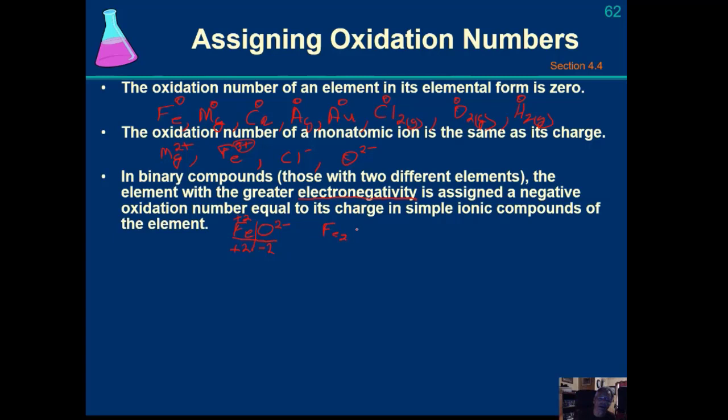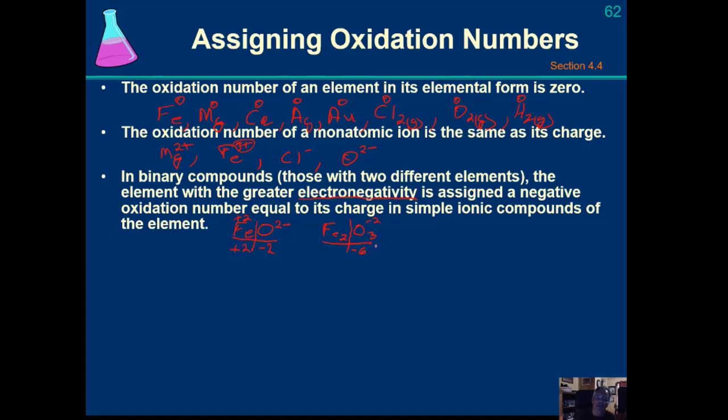got 2 of them over here, and I've got 3 oxygens. So I'm going to do exactly the same thing. I'm going to split these up. Oxygen is the more electronegative, so I'm going to give it its charge in simple ionic compounds, which is -2 or 2-. 3 times -2 is a total negative charge of -6.